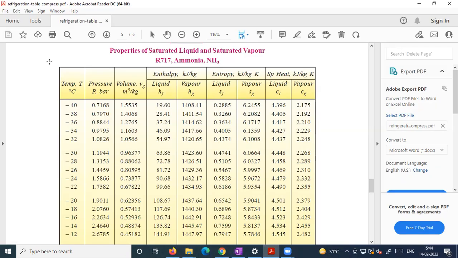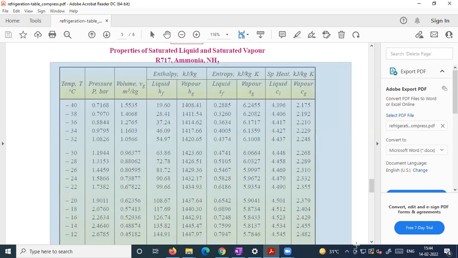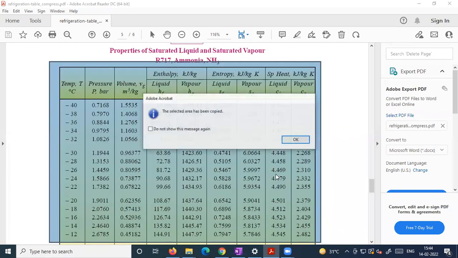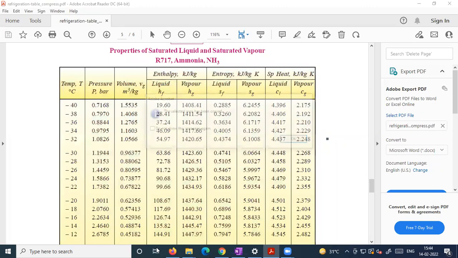Let me copy this table. You just need to pick the values. So what is the value of hf at minus 12 degrees Celsius? Can you see the value?